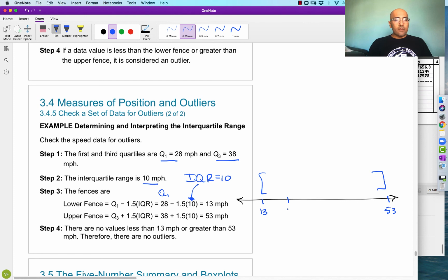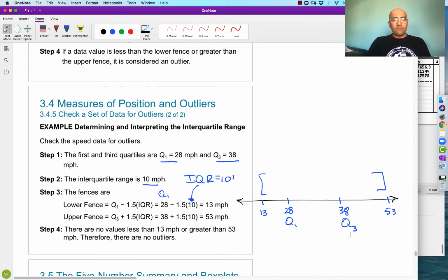We have 28 as our Q1 value, and we have 38. So this is Q1, this is Q3, this was the upper fence, this is the lower fence.